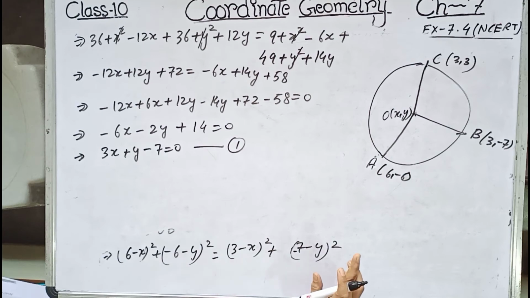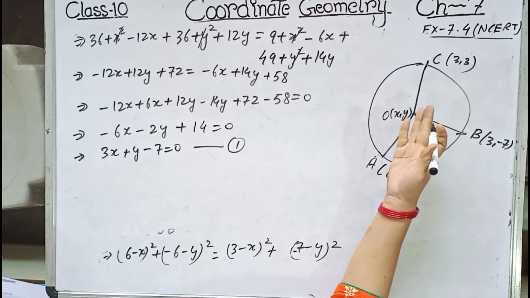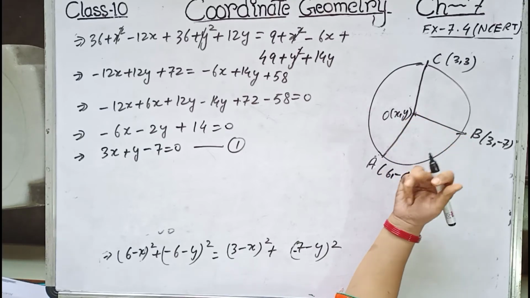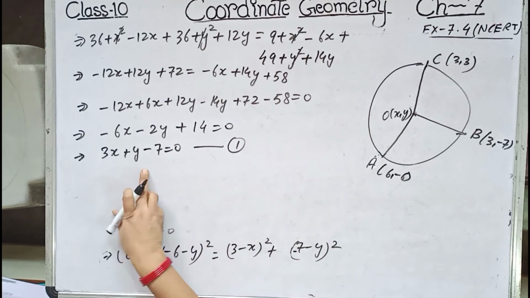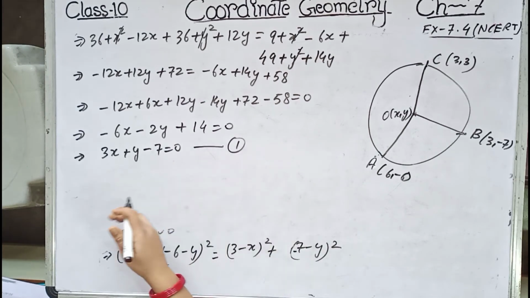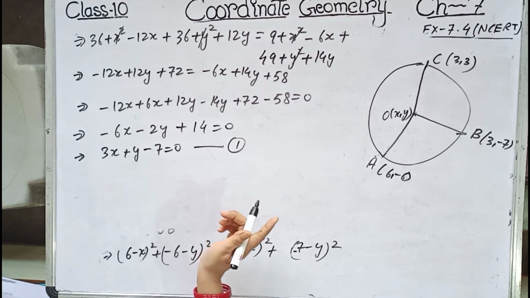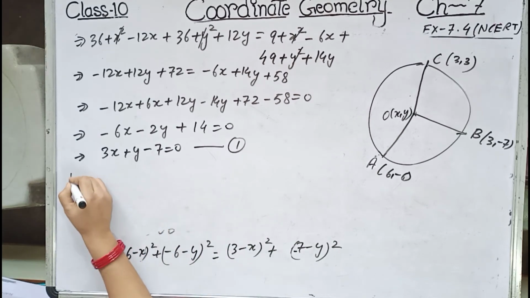One more equation we did with OA equals OB. Now either we can do OB equals OC or OA equals OC, your wish, because 3 equations we are getting. So I'll be solving any 2 because 2 variables we have to get. So I am solving OB equals OC. You can solve OA equals OC as well.